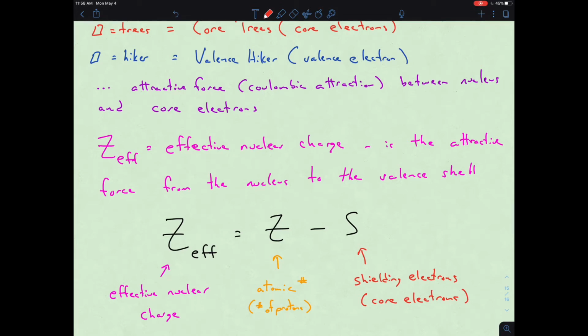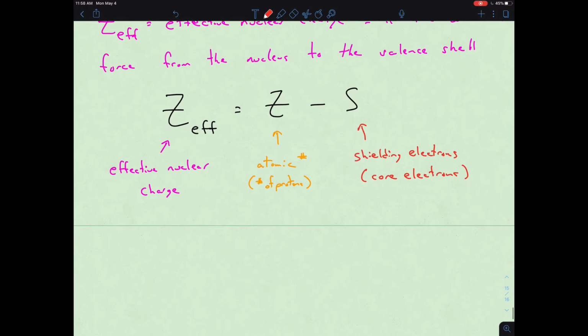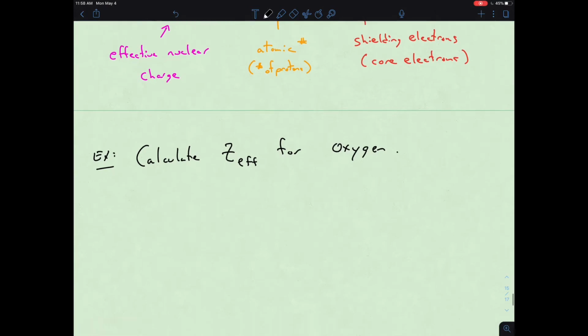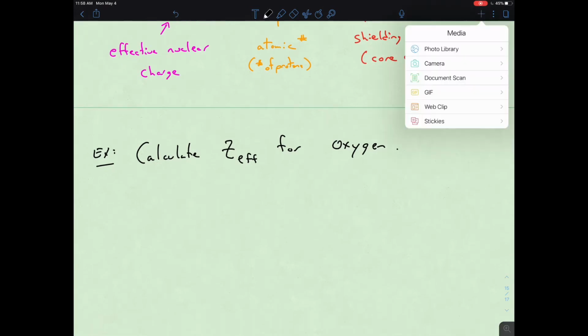First, let's do an example of just the calculation with Z effective. So we want to calculate the Z effective for oxygen.